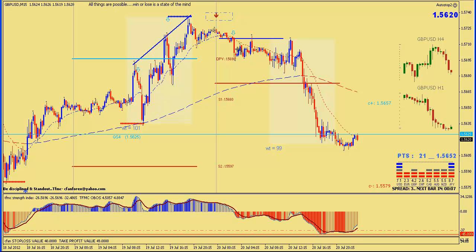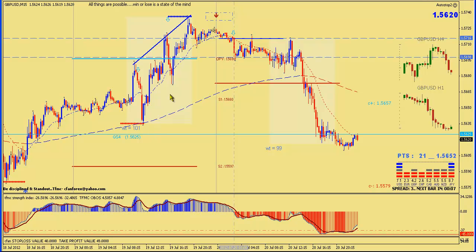Always when you see a range bound market like this, locate the 1 hour start of the candle. For now, we have a 3 o'clock candle bar, which is the start of the 1 hour. We have to identify the low of that candle and also the high of that same candle.